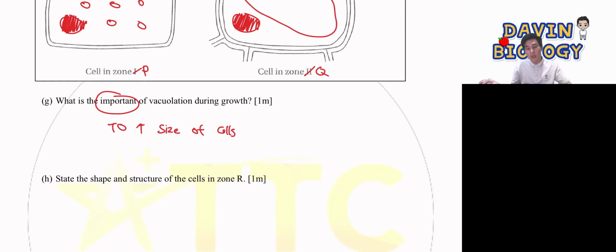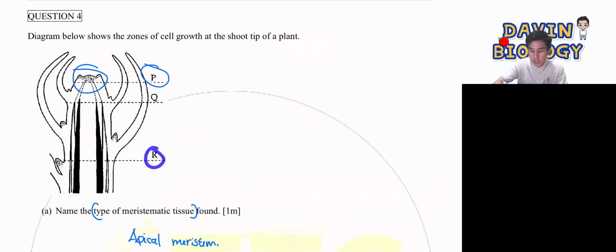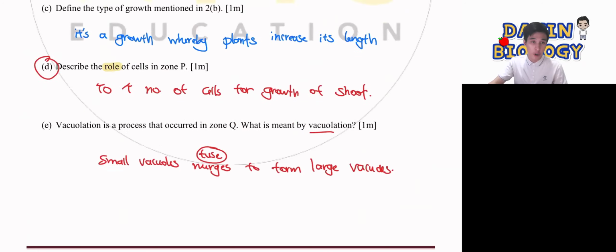Then last one here, state the shape and structure of the cells in zone R. Now, zone R is your differentiation. So like we mentioned, there are many different tissues that will be formed here. So every cell and tissue here will have its own specific shape and size, of course.